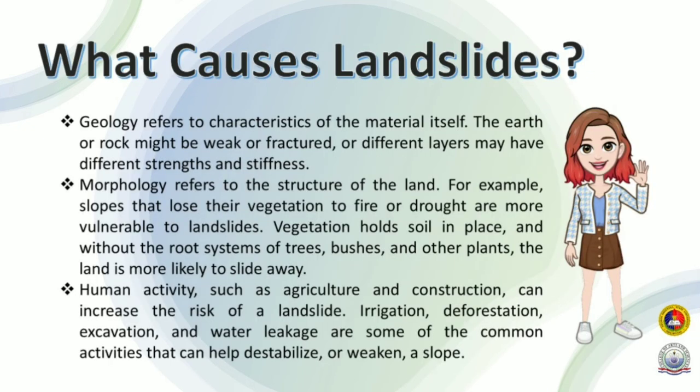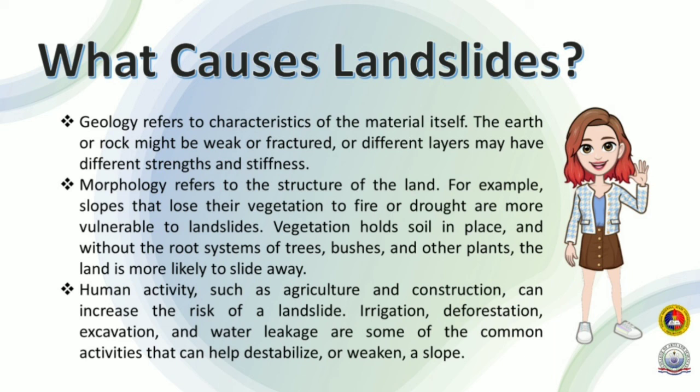What causes landslides? First is geology, which refers to characteristics of the material itself. The earth or rock might be weak or fractured, or different layers may have different strengths and stiffness. Second is morphology, which refers to the structure of the land. For example, slopes that lose their vegetation to fire or drought are more vulnerable to landslides.